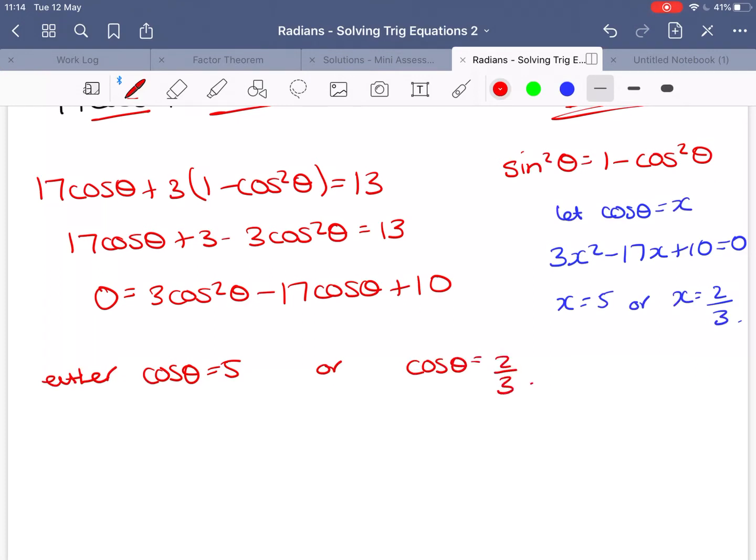Well, you can try doing the inverse cos of 5, but we know cos only goes between 1 and minus 1. So actually, cos theta equals 5 has got no solutions. Okay, so you have to cross it out. You have to write no solutions. Can't just ignore it. You've got to write why you're ignoring it.